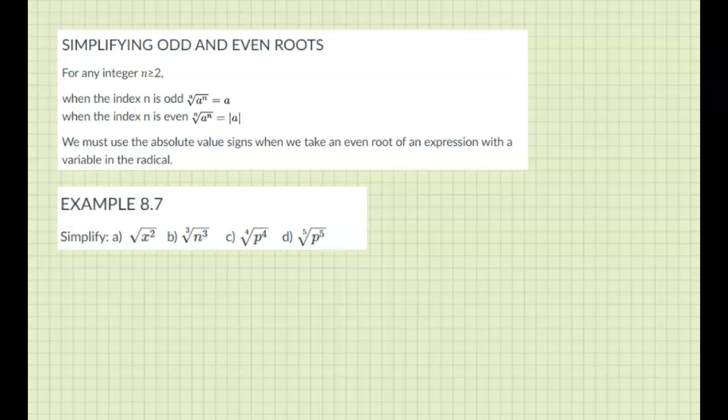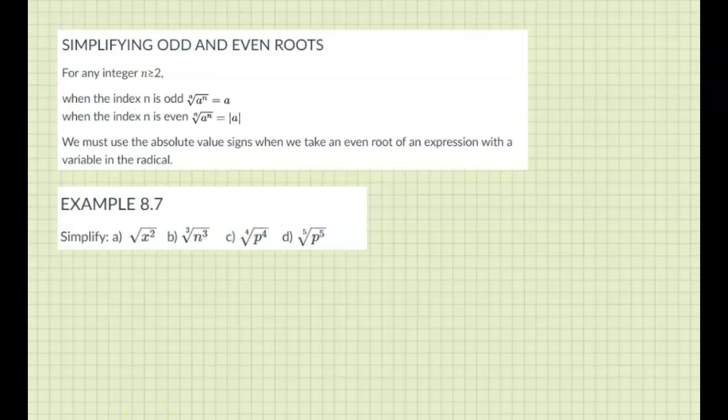So whatever number this is divides by that one, and you get your new exponent. Okay, so basically, if these are the same, they would cancel out. If the index is even, then they cancel out, but you don't get just the a value, you get the absolute value of a.